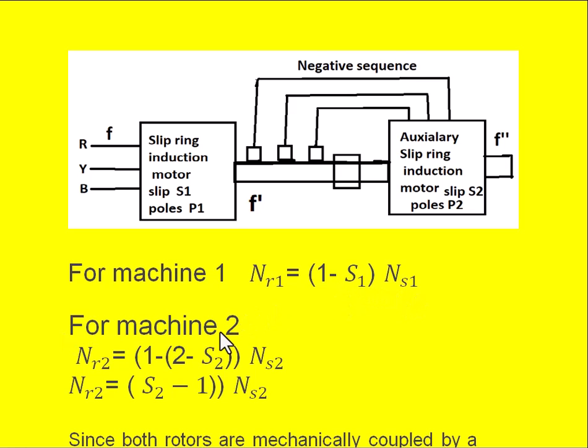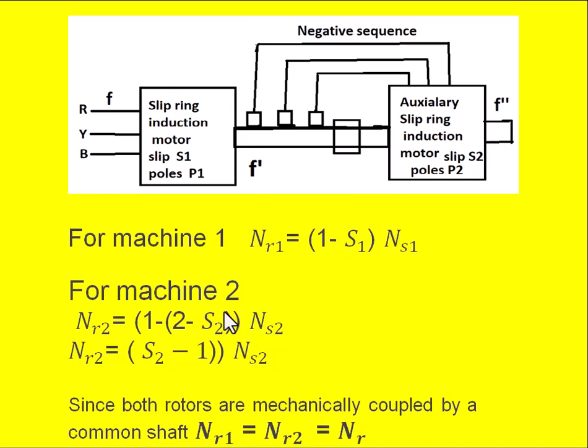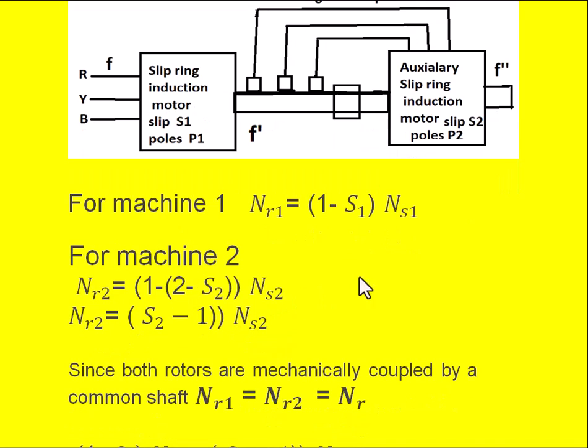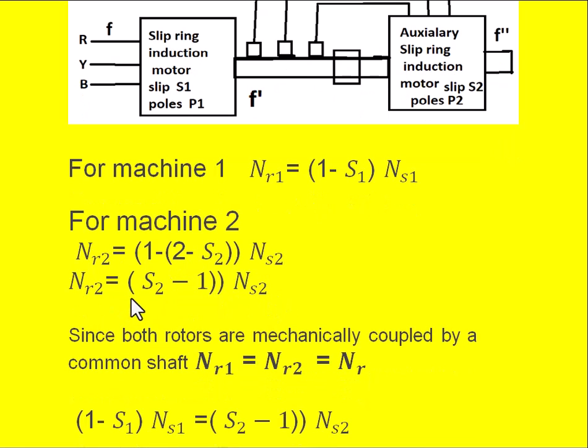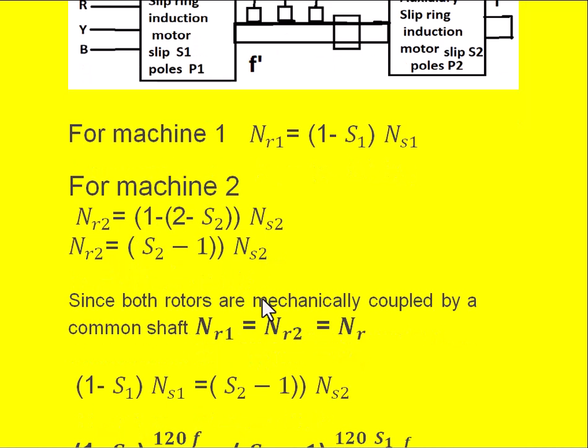Similarly, for machine 2, NR2 is equal to, for negative phase sequence, instead of 1 minus S2, it will become 1 minus 2 minus S2. So after further simplification, machine 2 rotor speed NR2 becomes S2 minus 1 into NS2. NS2 is the synchronous speed of machine 2.